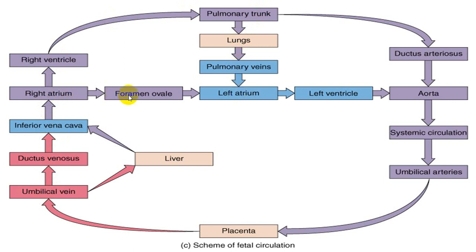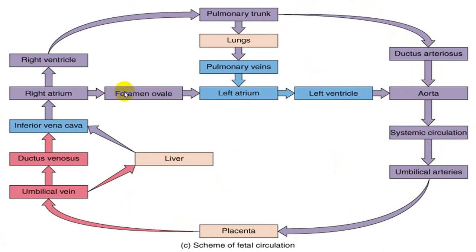From the right atrium via the foramen ovale it will come to LA, from LA it will go to LV, but also from the pulmonary artery via the ductus arteriosus it will enter into the aorta, and from LV also it will enter into the aorta, systemic circulation, umbilical artery, and back to the placenta. So this will be the normal fetal circulation.